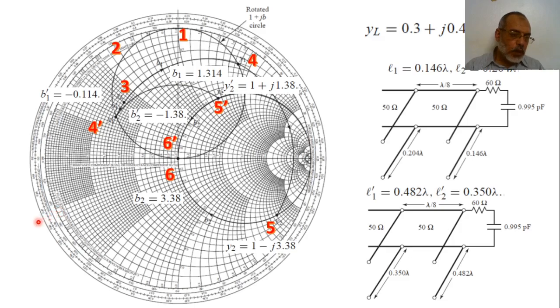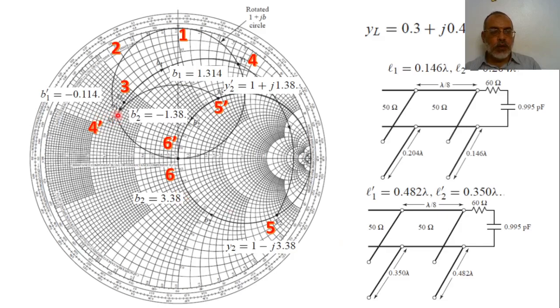Then we extend a line here, and then we move by the length toward our generator on this scale. This is 0.25, and then we move here until we intersect with the virtual line which we have drawn from minus 0.114. By measuring, all this distance is 0.482 lambda.